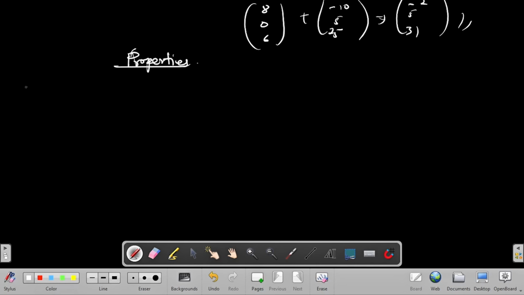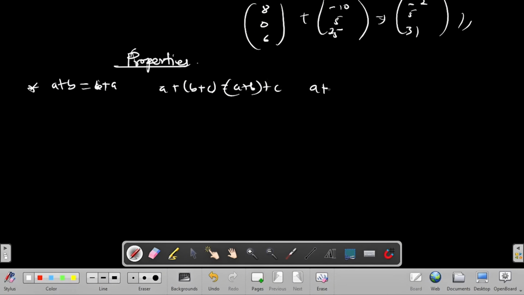Now, looking at the properties of vectors, vectors actually follow the same basic algebraic properties, right? So commutativity, a plus b is simply equal to b plus a. Then you also have associativity, a plus b plus c is equal to a plus b, also plus c. It still holds.